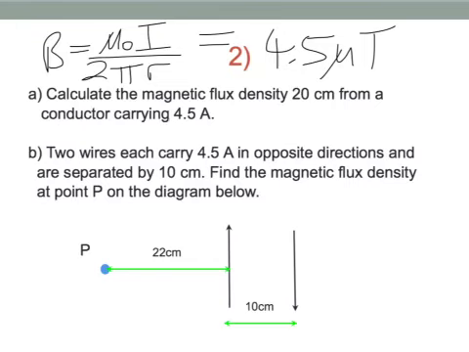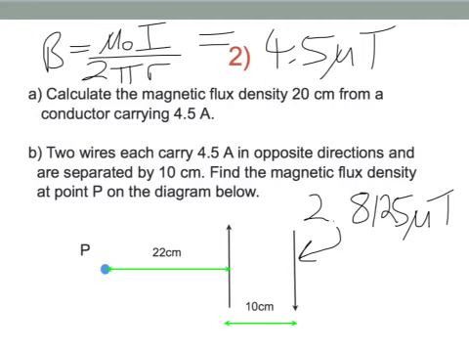You should calculate for that wire, the furthest wire, a figure of 2.8, taking all the figures at this stage, 1.125 microtesla. Okay, that's for this wire here.